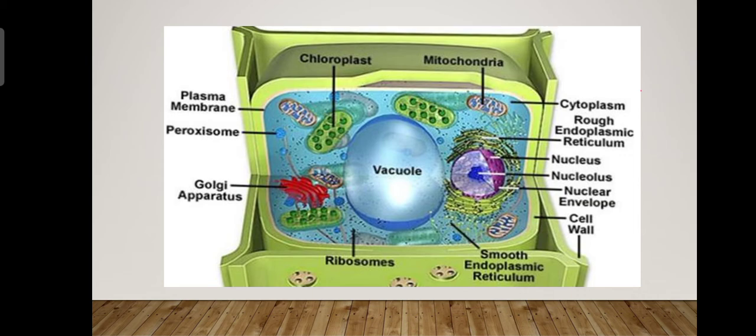And in some unicellular organisms, vacuoles also play an important role in expelling the excess water and some waste from the cell. So this is about the plastids and vacuoles.